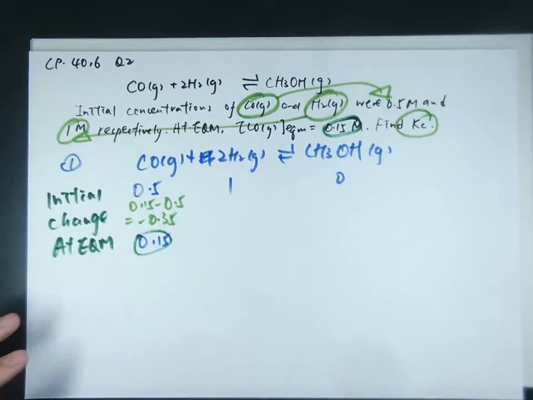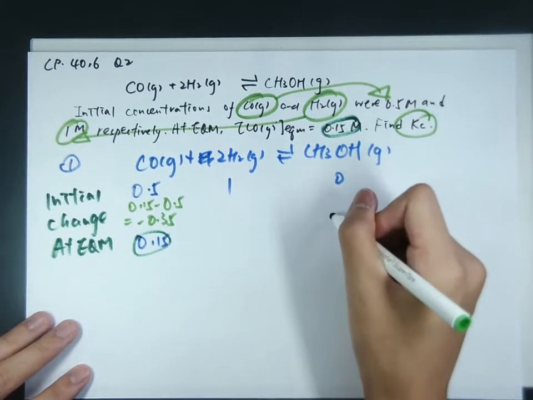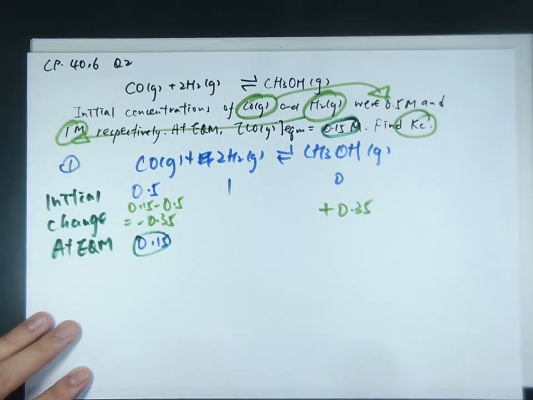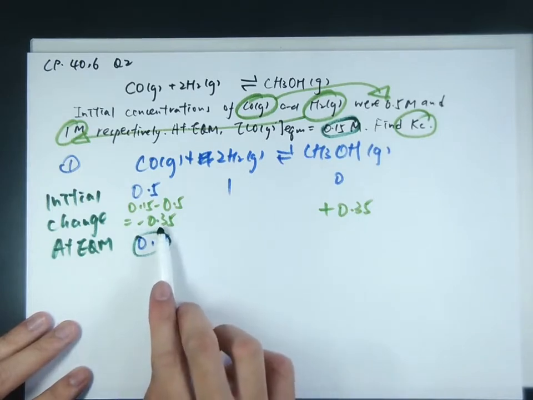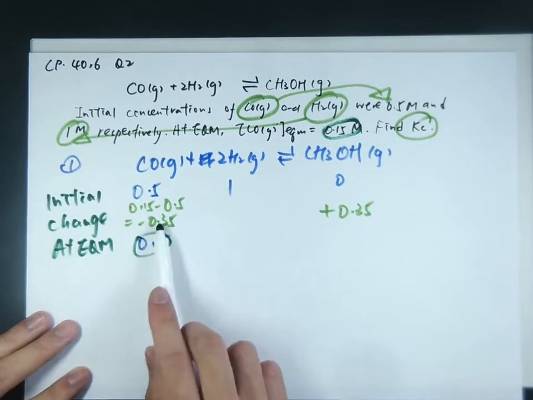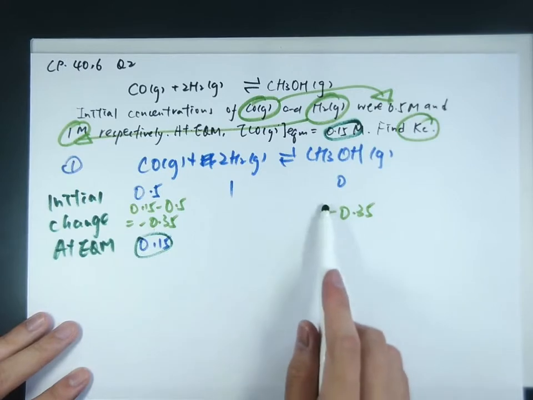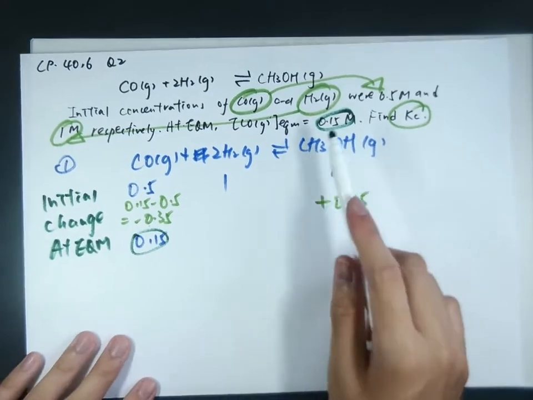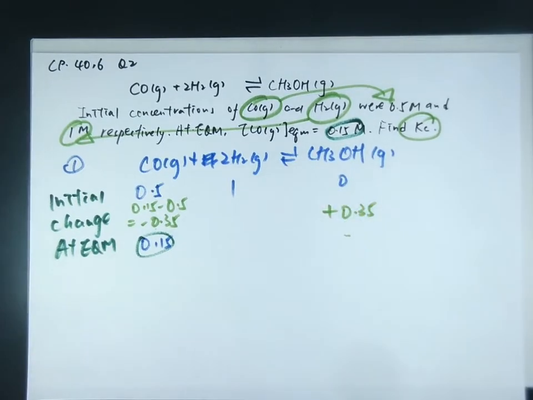Okay, so this would be positive 0.35. Why? Because this is negative 0.35 and the mole ratio is 1 to 1. So their change would be 1 to 1. But the positive and negative sign would be reversed because this is the product. Okay? So this would be 0.35.